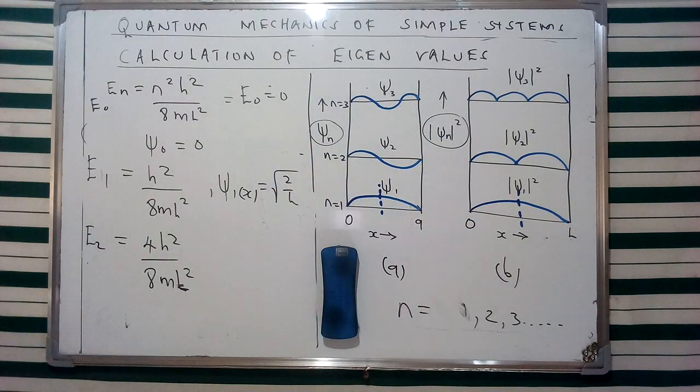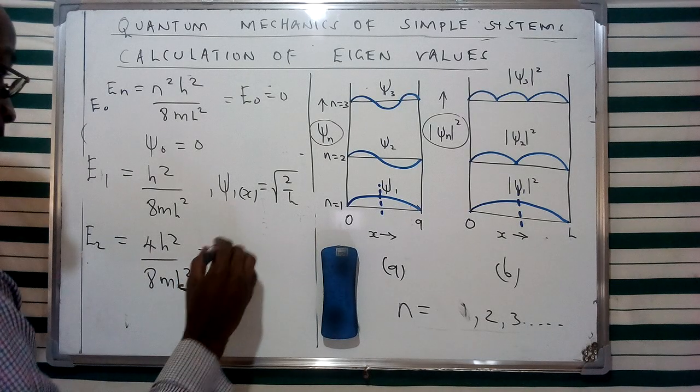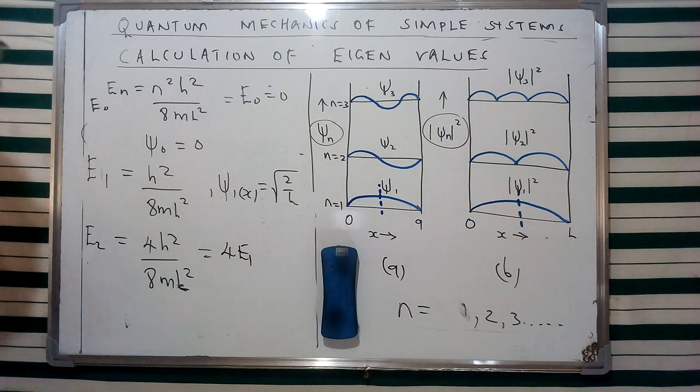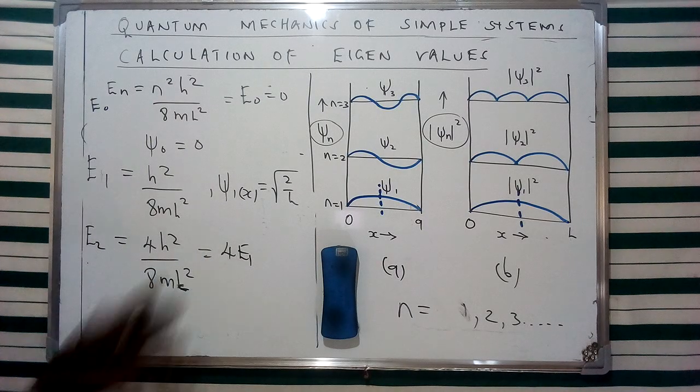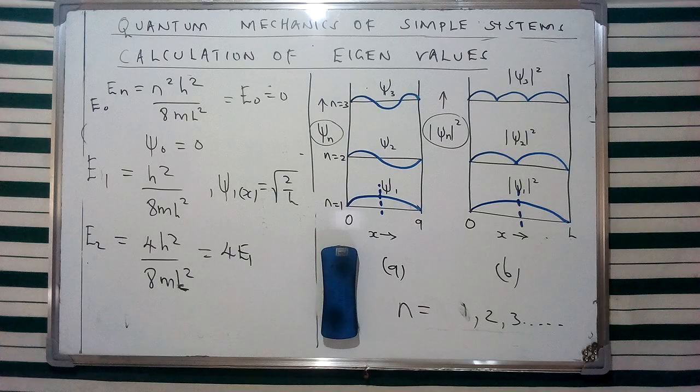And therefore we're going to see that at this specific point for n equivalent to 2, we're going to have the eigenvalue represented in that specific format. And this can be given in terms of 4E1. So there are going to be multiples of this specific function for E1 as I've mentioned.